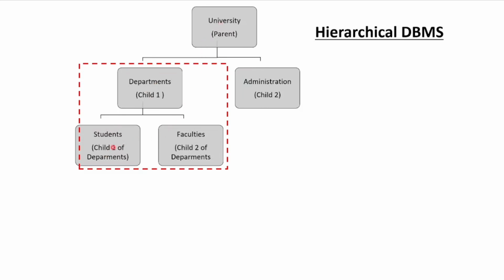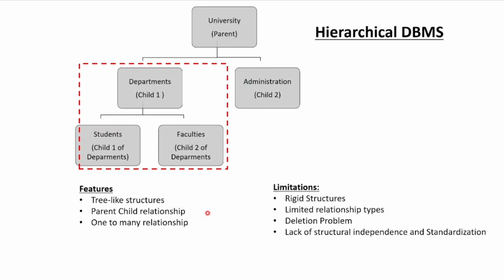That means you cannot link the grandfather and the child. So this is a simple example of hierarchical DBMS. Now its features are tree-like structure, parent-child relationship, and one-to-many relationship. That means it doesn't have many-to-many relationships. The limitations are rigid structure, limited relationship types, deletion problems, lack of structural independence, and lack of standardization.